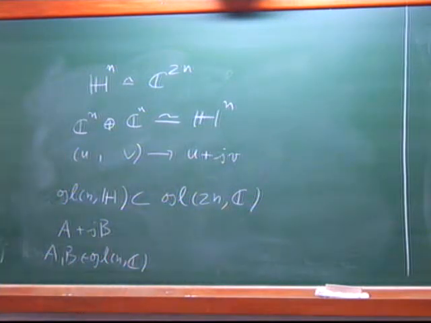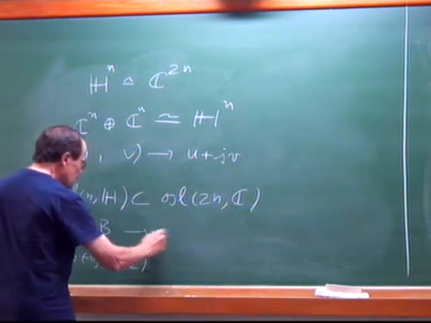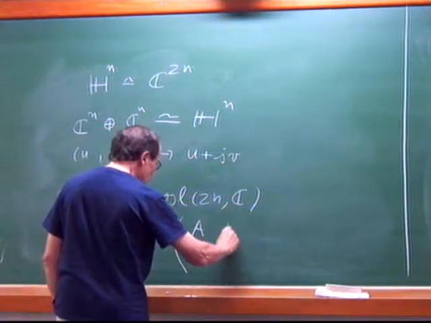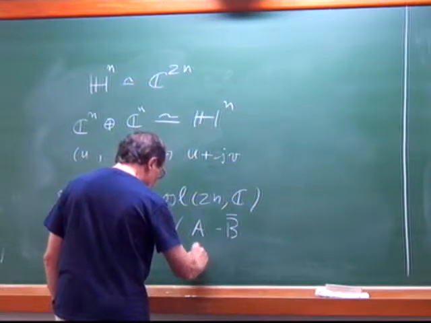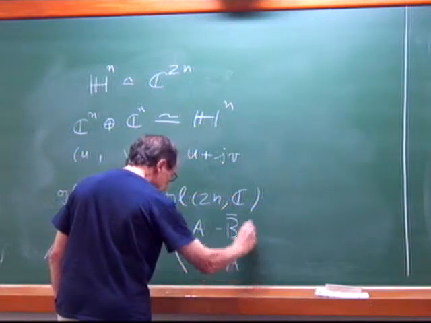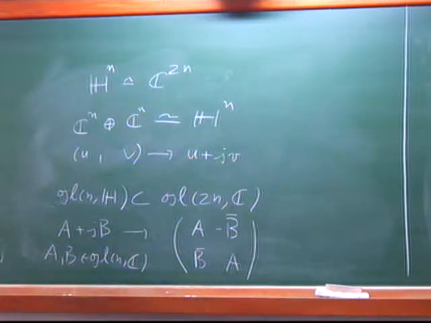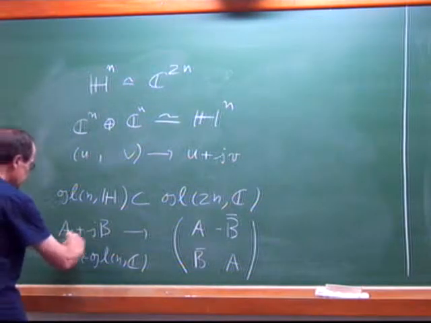And I can write every matrix like this. Then I claim it goes to, very analogous to before, A minus B bar, B A. So this here has to be consistent.